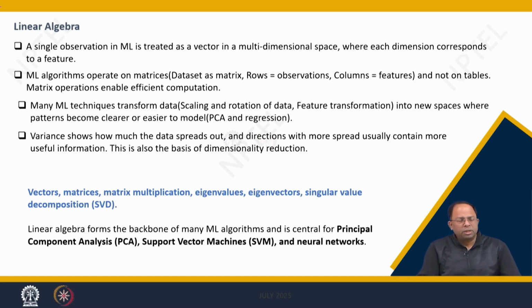So usually we are focusing on vectors, matrices, matrix manipulation, eigenvalues, eigenvectors, singular value decomposition. These are the different things we will come across while learning machine learning models, tools or methods. So linear algebra forms the backbone of many machine learning algorithms and is central for principal component analysis, support vector machines, neural networks, and so on.